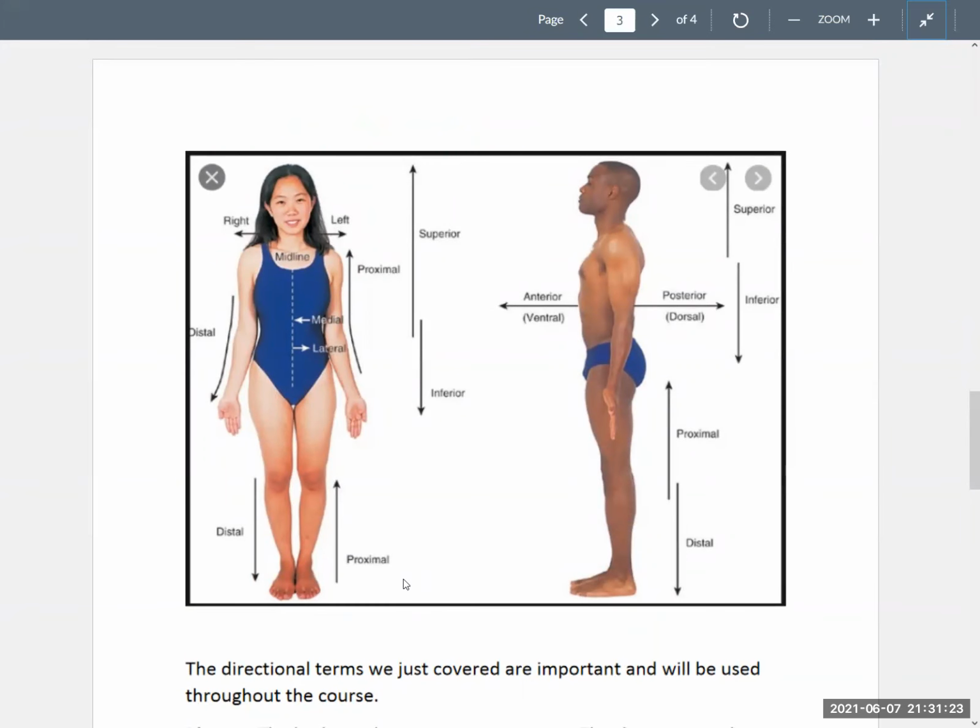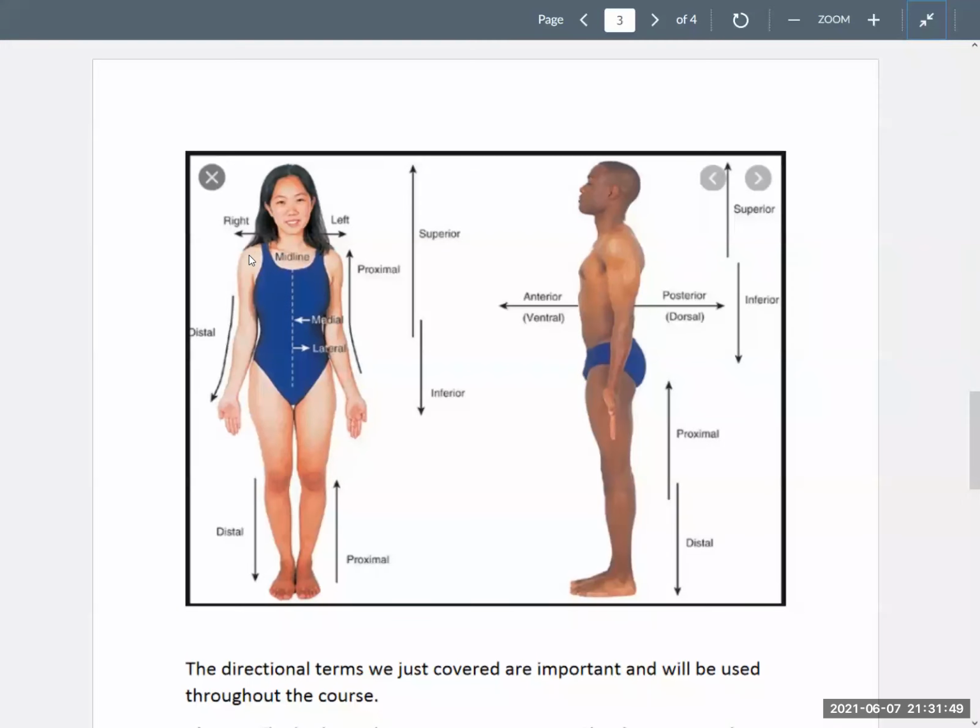Two models, and you won't find anything different here. That's great. Okay, this is the left side and the right side. Here's the midline of the body. Going away from the midline is laterally. Going towards the midline is medially.